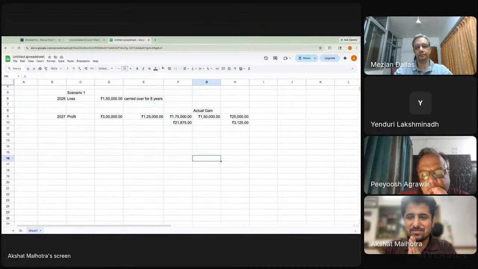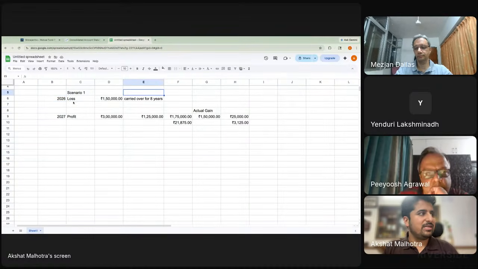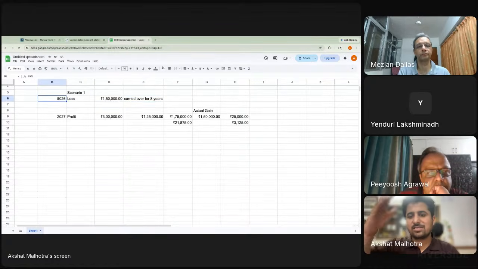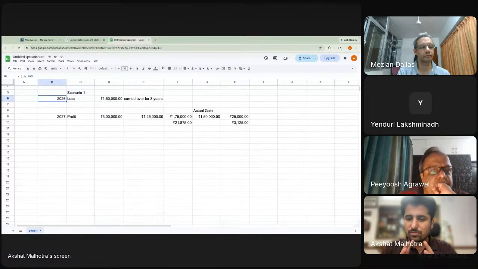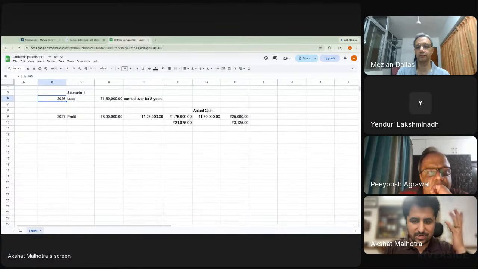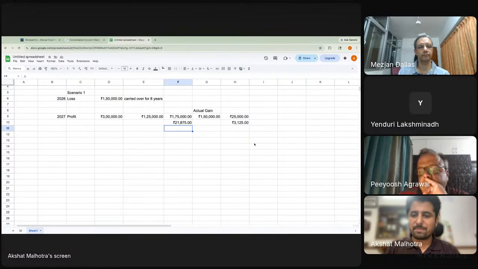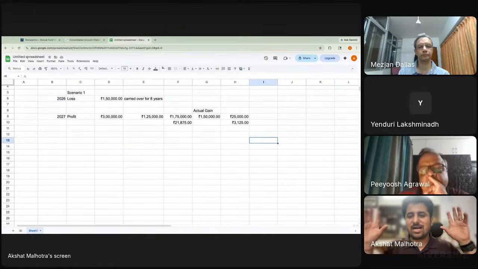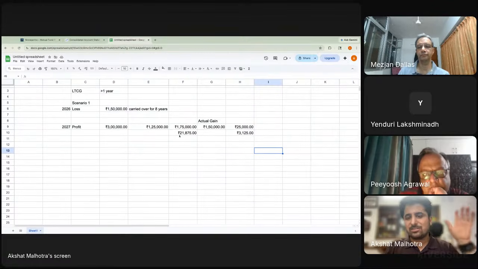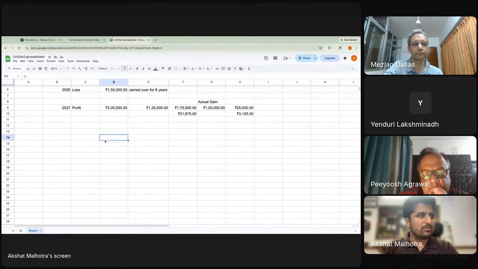Does this make sense? Just like we did it in 2026 to 2027, this can get carried over till 8 years. So 2026 it can get carried over till 2034. We saved 18,750. Absolutely. So that is the high-level understanding of tax loss harvesting. Two scenarios.